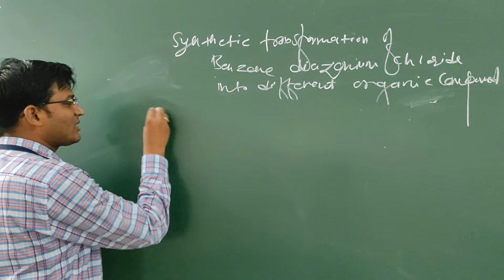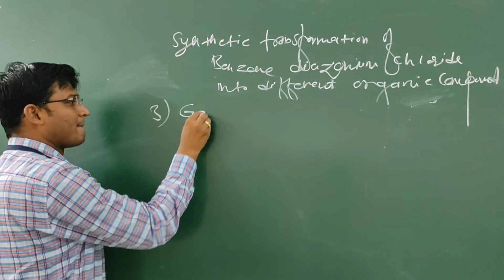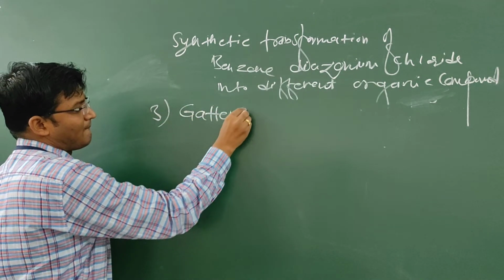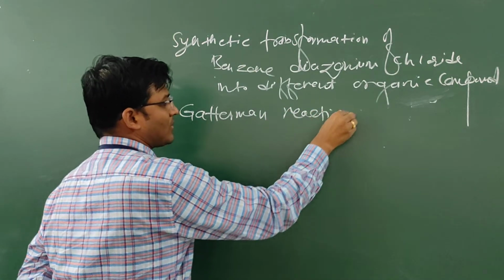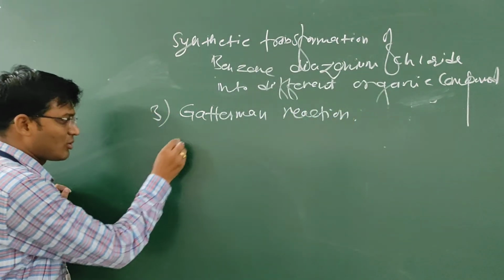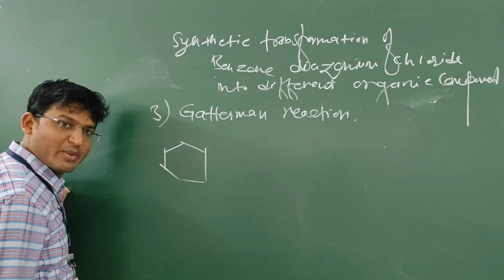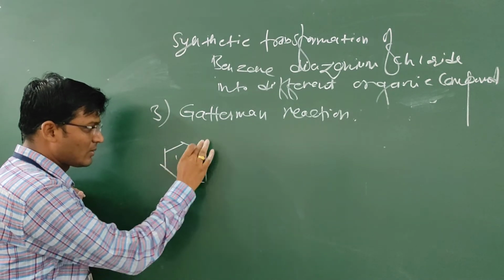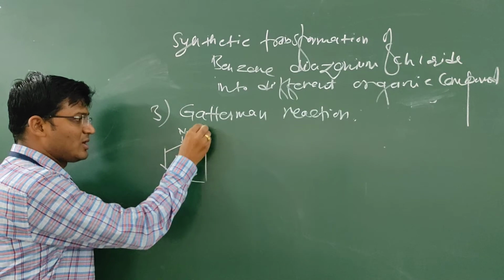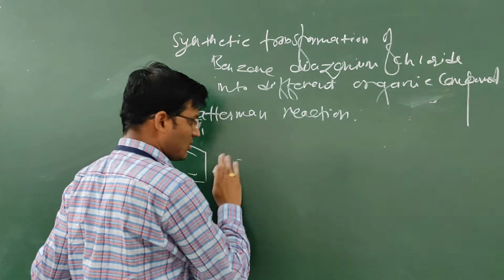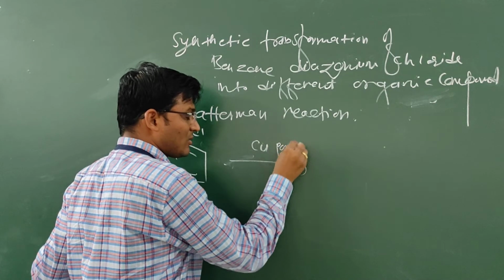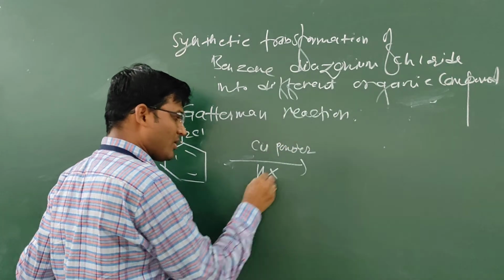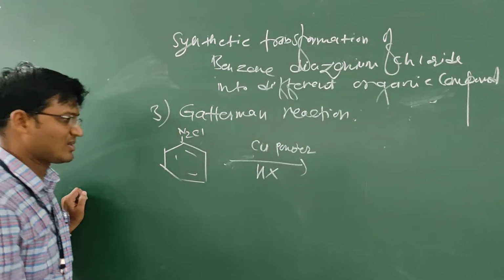Now, the Gattermann reaction, third, is where benzene diazonium chloride, N2Cl, reacts with copper powder in presence of halogen acid HX.